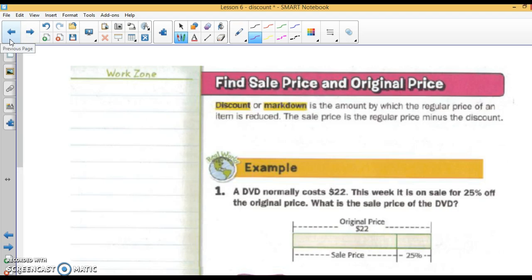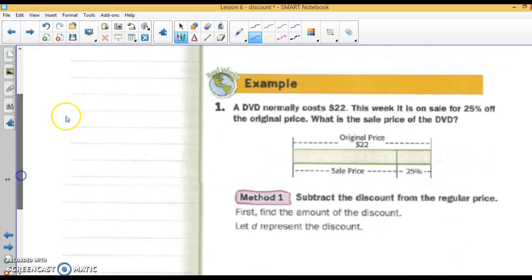All right. Let's look at this example. A DVD costs $22. This week it is on sale for 25% off the original price. What is the sale price? I'm going to do it 2 ways. So method one is where we're going to find the discount and then subtract it. So the original price is 22. It is 25% off.